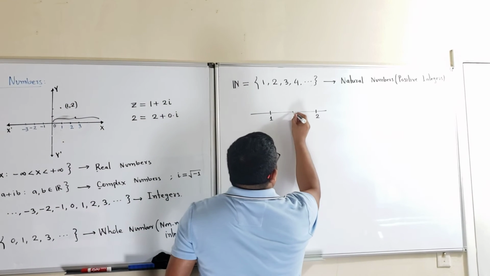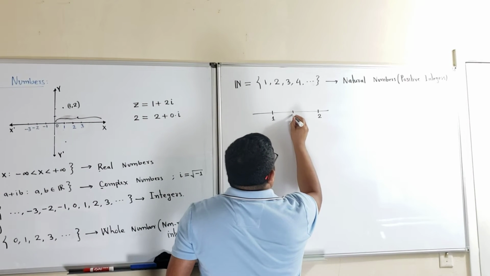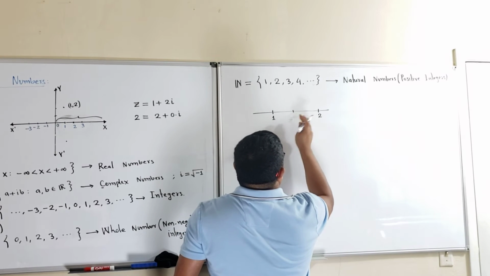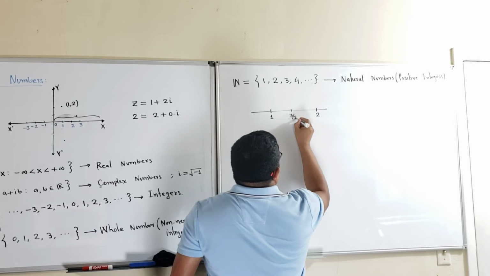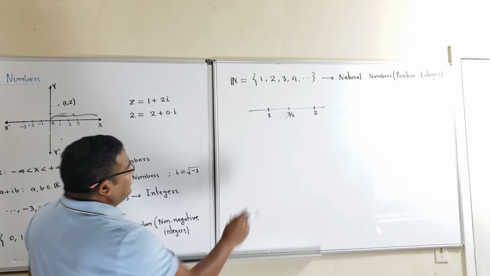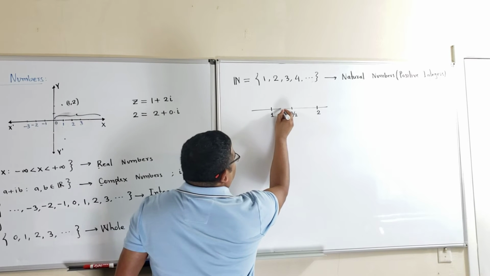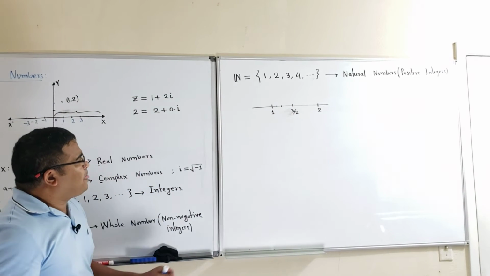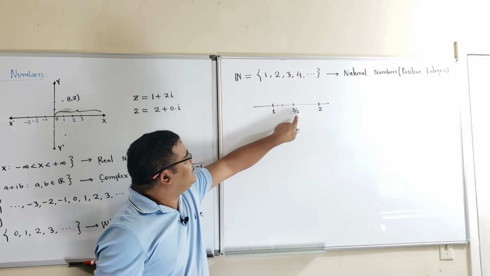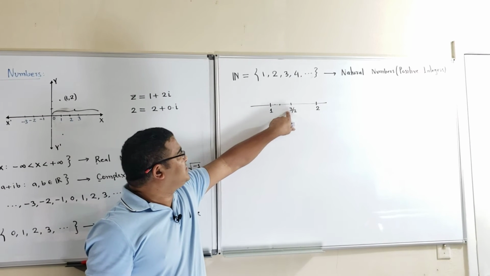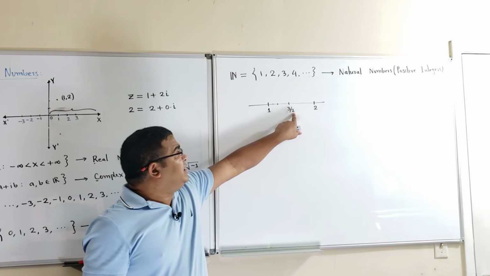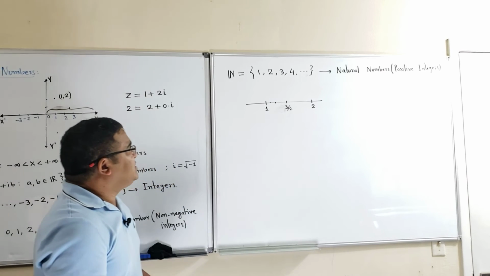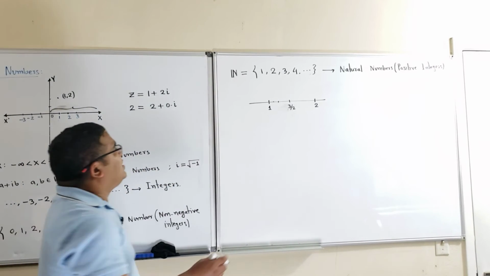You can think this point is 3 over 2, because it's 1.5. Between these two numbers, there is another number here. This number is a ratio of two integers, because 3 is an integer, 2 is also an integer, and it has a special name that is called rational number.